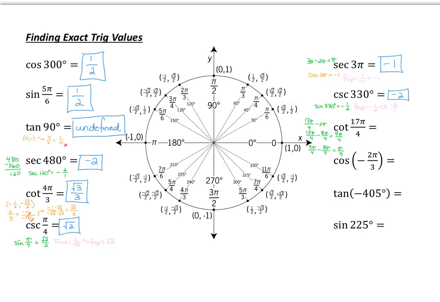And so I'm looking here at this angle right here. And cotangent is your x over your y. So radical 2 over 2, radical 2 over 2. Cotangent becomes radical 2 over 2 divided by radical 2 over 2 again. And anything that's divided by itself equals 1. And so cotangent of 17 pi over 4 is positive 1.